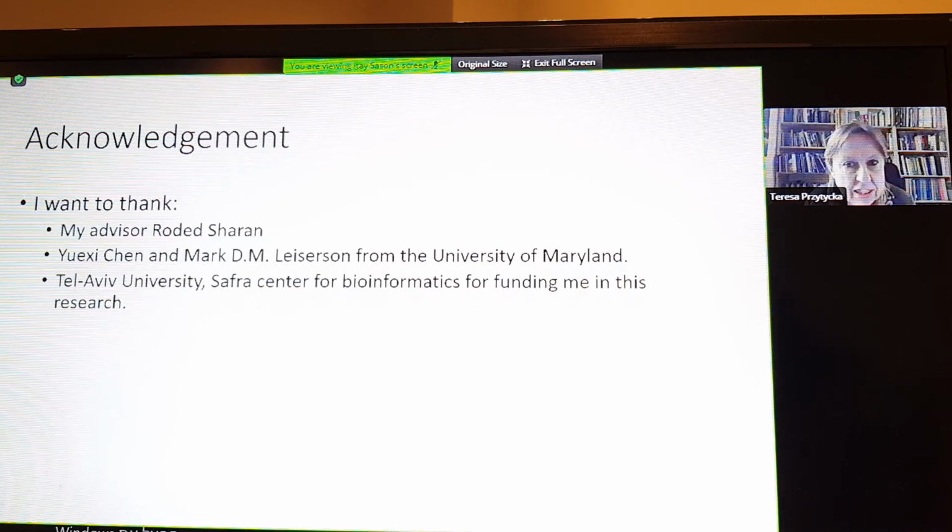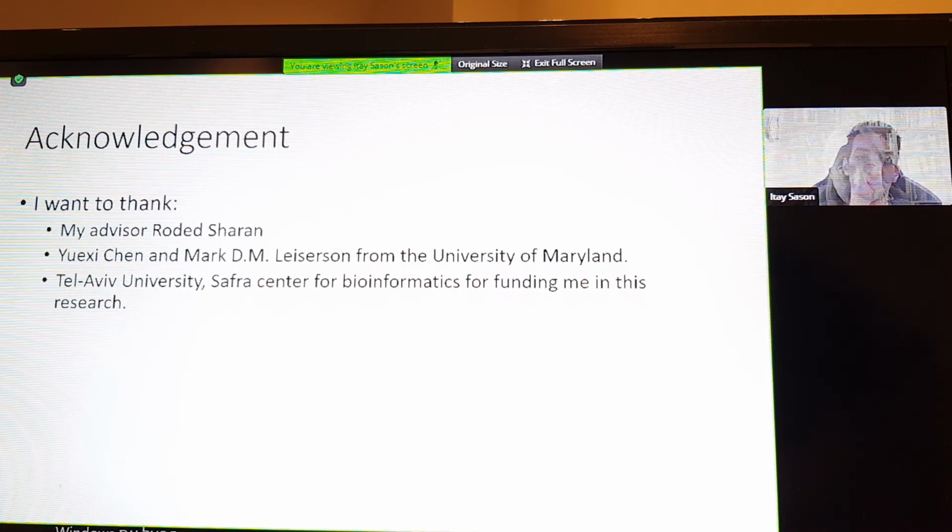Mysore Bajati, I hope I did not mispronounce, says great talk. This novel method is designed for sparse mutational data. I wonder if you have tested this model on non-sparse data to see if the known previous results reported in COSMIC can be reproduced. Okay, so I did try it on the non-sparse data.